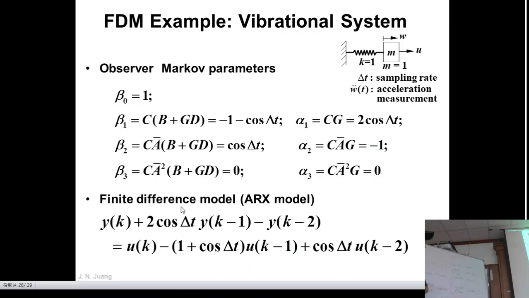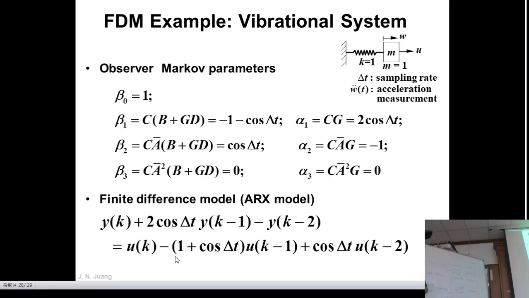That's alpha 1, 2 cosine delta t, times yk minus 1, and alpha 2, which is minus 1, times yk minus 2. Then beta 0 equals 1, so beta 0 uk is uk.